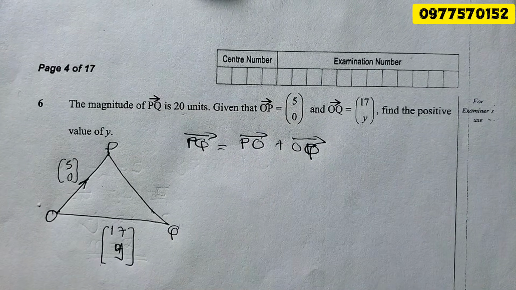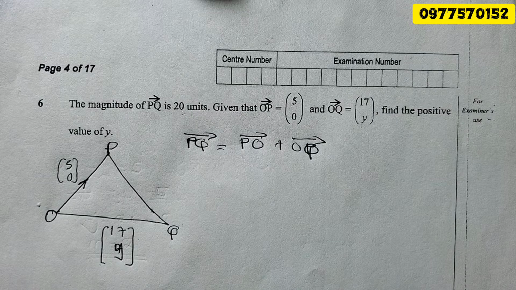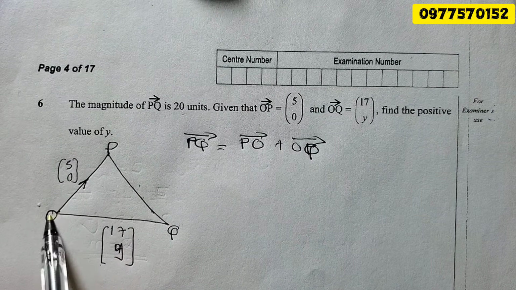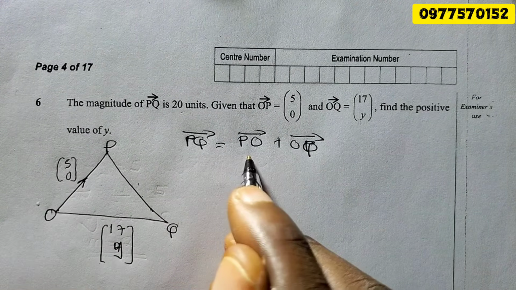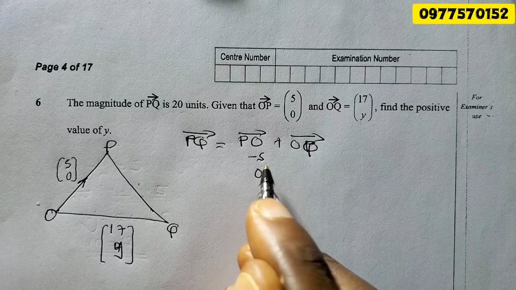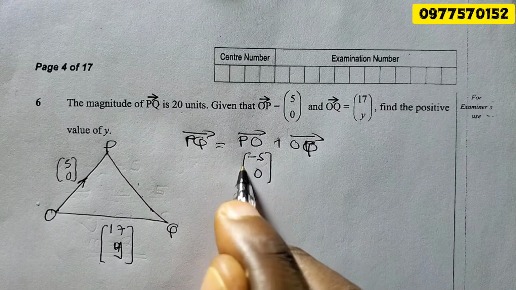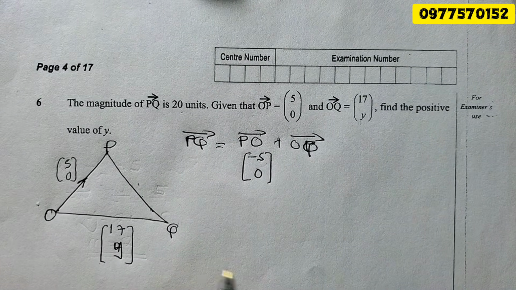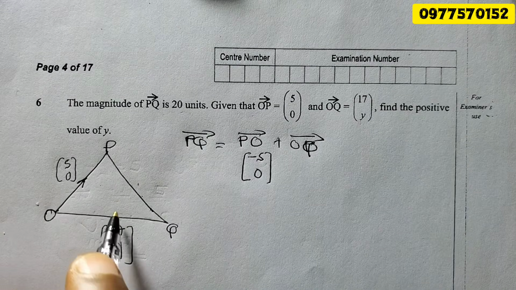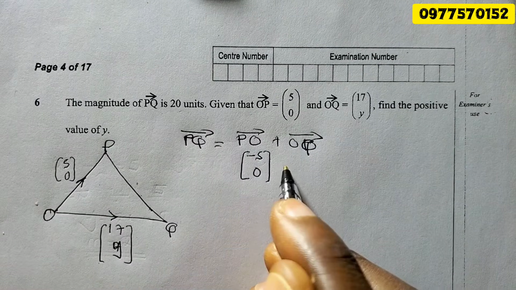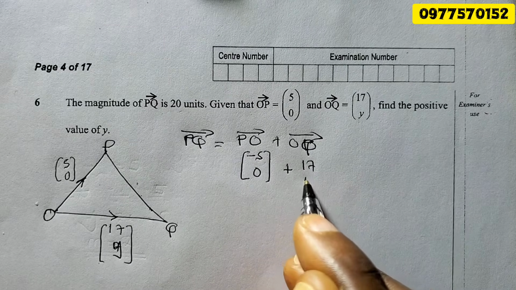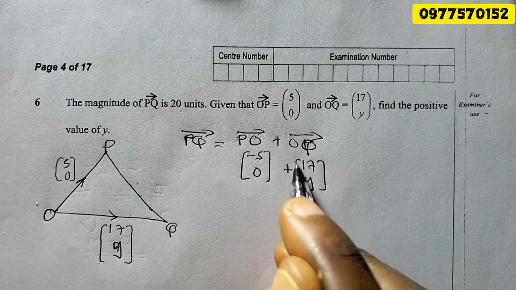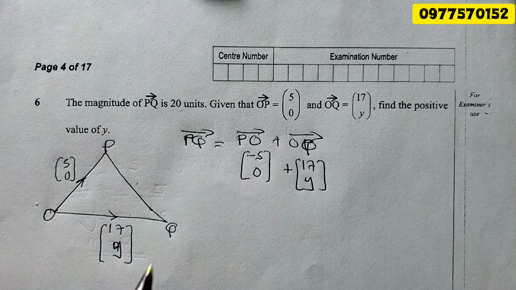Since we are moving in the opposite direction, the 5 will change to -5. Then you have 0, which can neither be positive nor negative. Then OQ is in the actual direction, so plus (17, y).